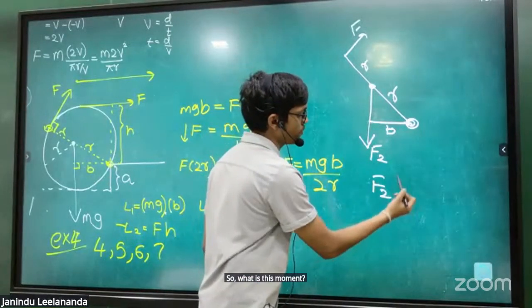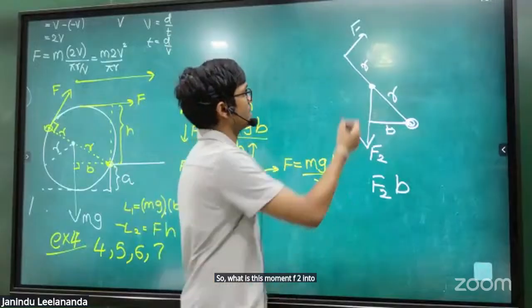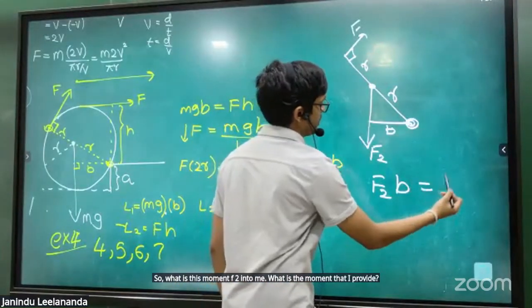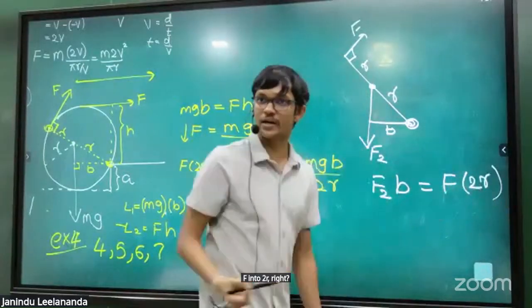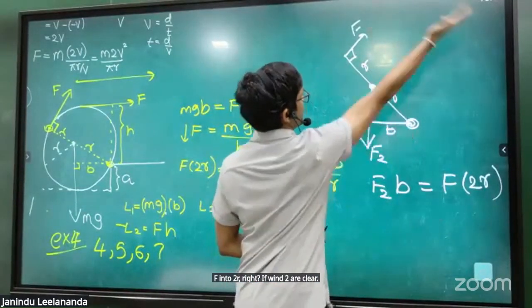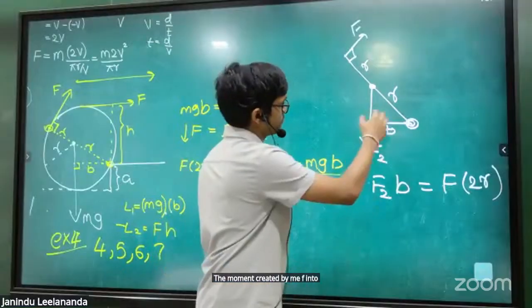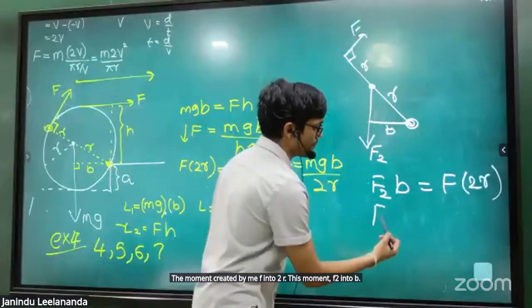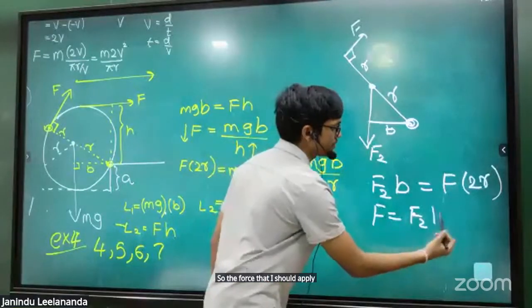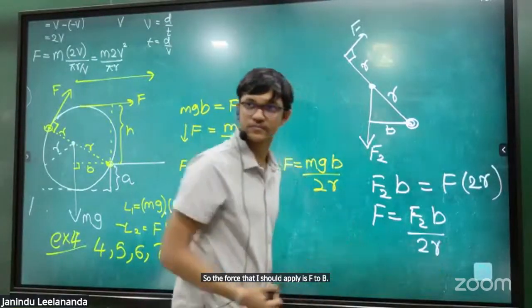F2 into B. What is the moment that I provide? F into 2R, right? F into 2R, clear? The moment created by me, F into 2R. This moment, F2 into B. So the force that I should apply is F2B over 2R.